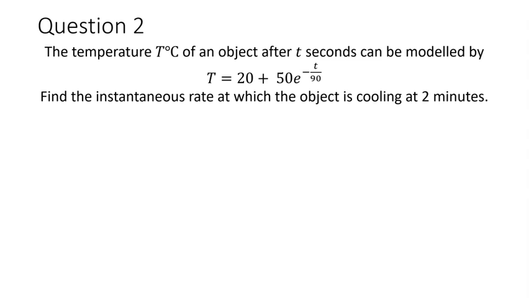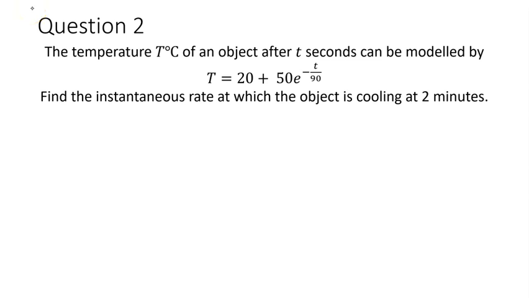So I have a saying in my classes that when we see the word rate, we should think of the word differentiate. So that is what we're going to do here. So I can find out that rate of change for the temperature with respect to time.